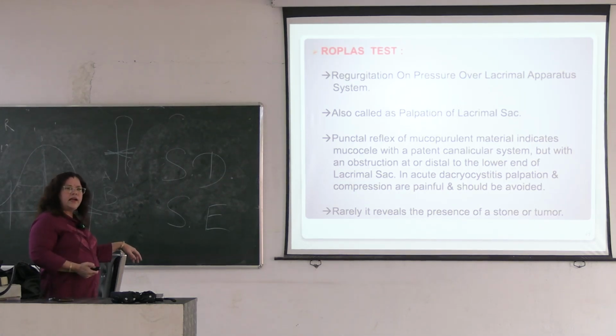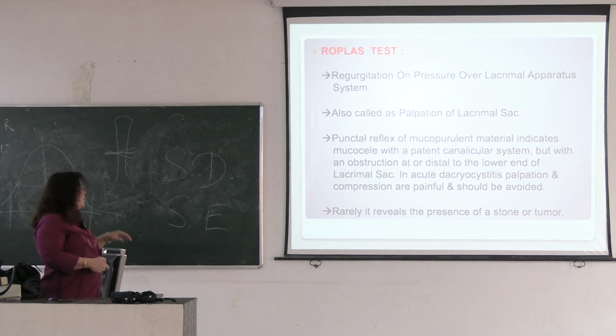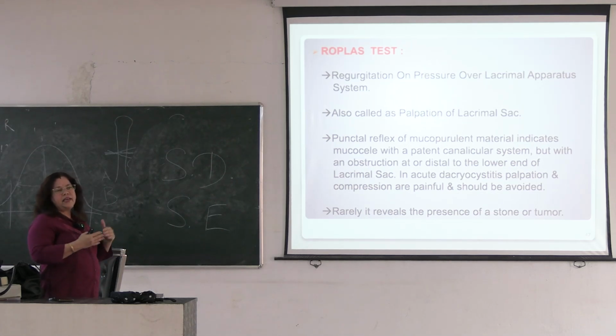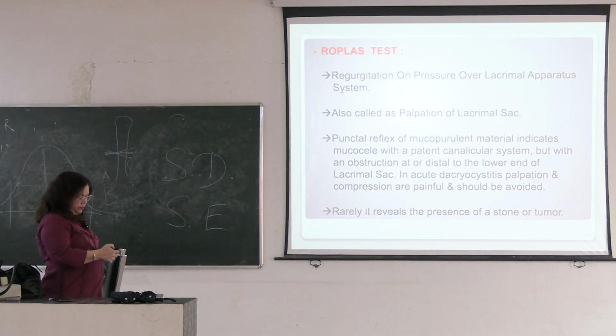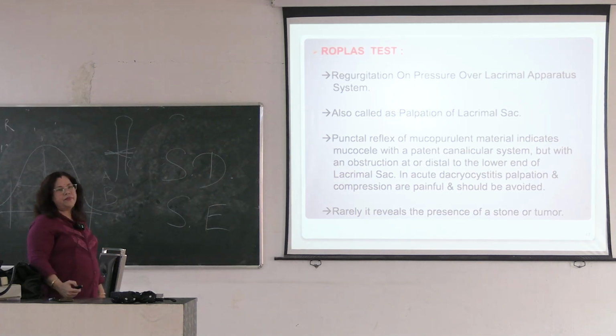Mucocele means the lacrimal sac is filled with mucus fluid. But when there is obstruction at the level of the opening of the canaliculi, then we press the lacrimal sac, there is no regurgitation of fluid, and that is called encysted mucocele.